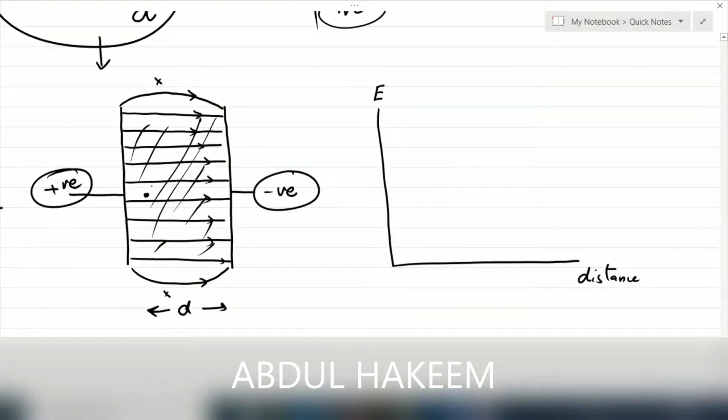For example, first A point, then we move to B point, we move to C point. So the distance from the positive plate is increasing. Plates are held stationary. So the spacing is constant. Then the graph is constant electric field strength. So do remember, this x-axis is the distance from either plate.